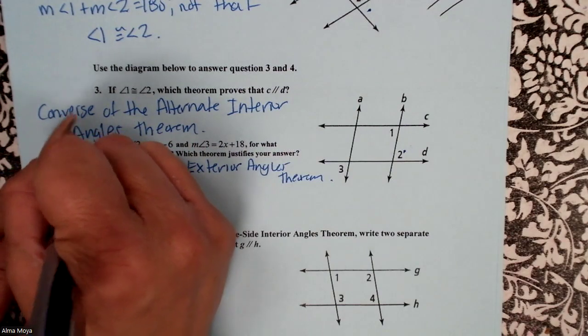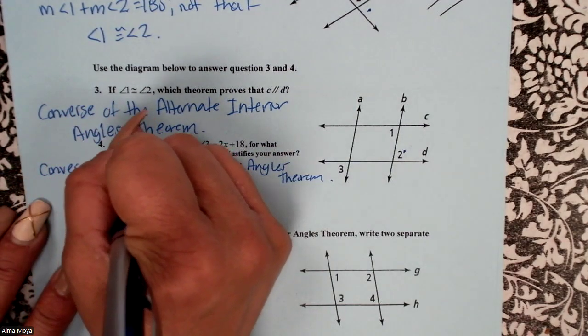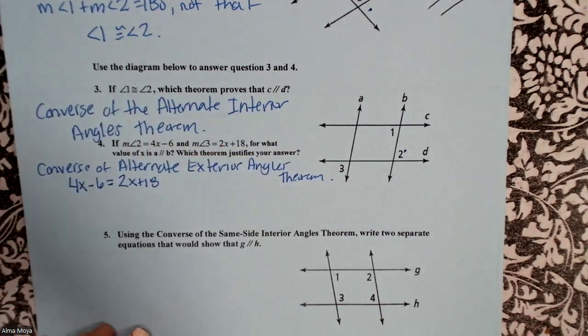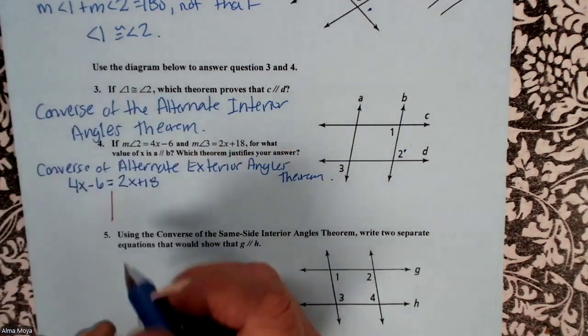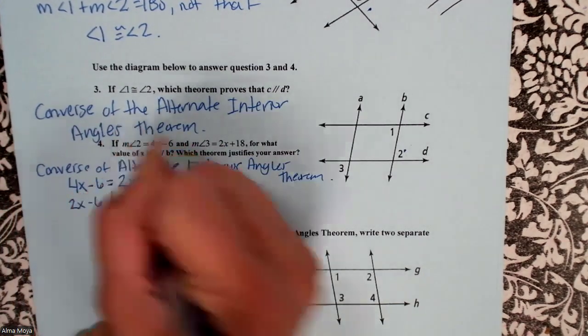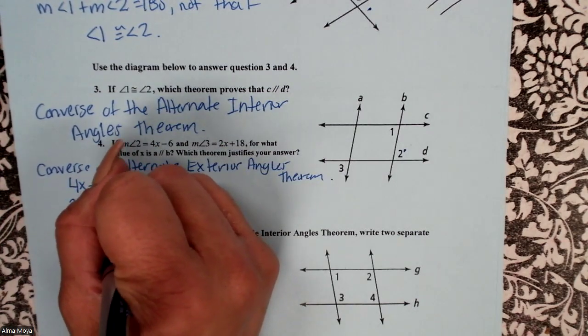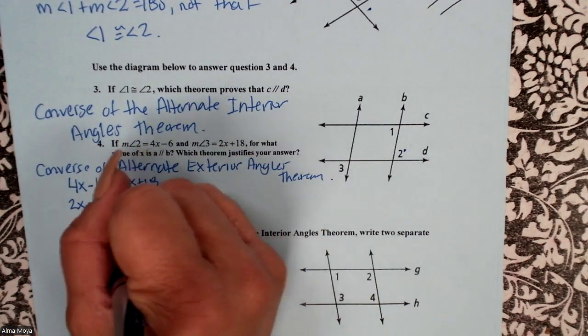Then I'm going to set 4x minus 6 equal to 2x plus 18. I'm going to subtract 2x from both sides. So I'm left with 2x minus 6 equals 18. I'm going to add 6 to both sides. So 2x equals 24, which makes x equal to 12.